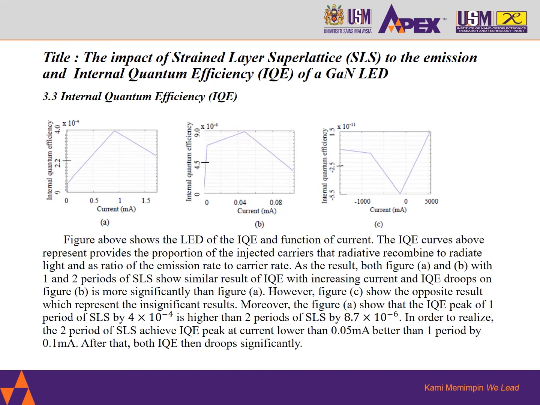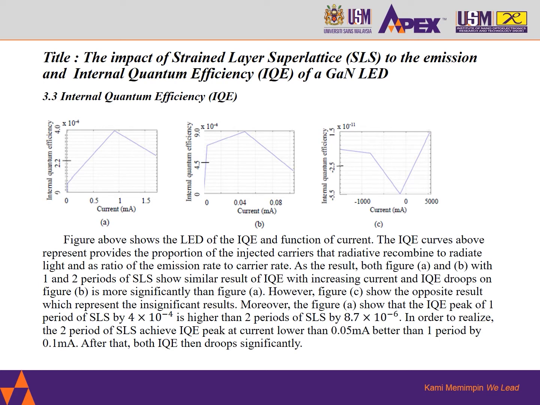Next, it will be internal quantum efficiency. The figure above shows the internal quantum efficiency of the LED as a function of the current. The IQE curve above provides the proportion of the injection carriers that radiatively recombine to radiate light, as a ratio of the emission rate to the carrier rate.